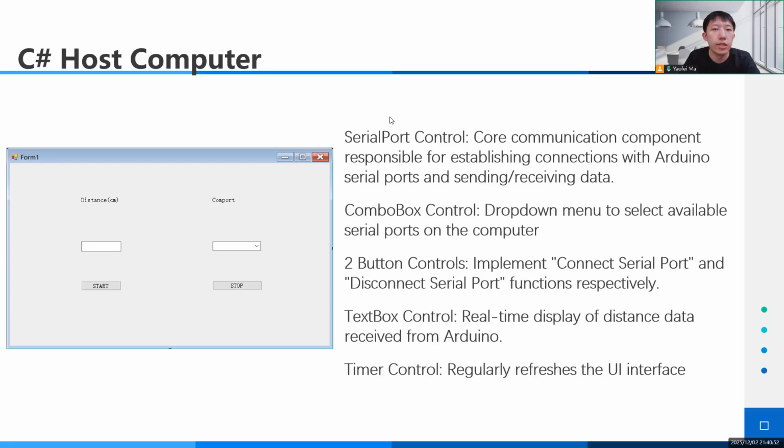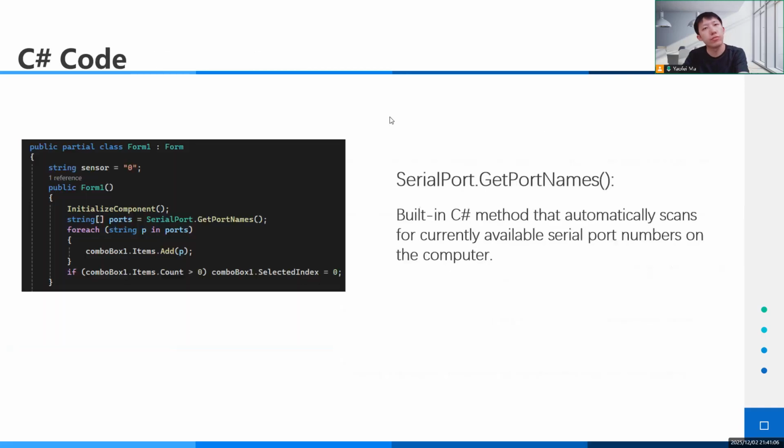We also set the serial port parameters. The baud rate is 9600, same as Arduino, to ensure normal communication. Serial port communication.